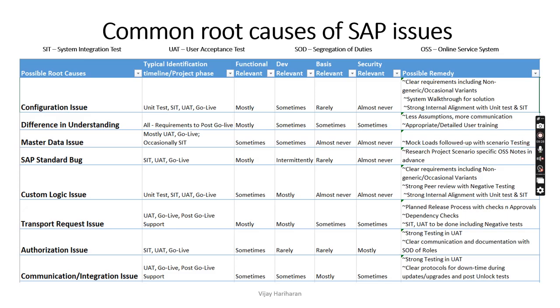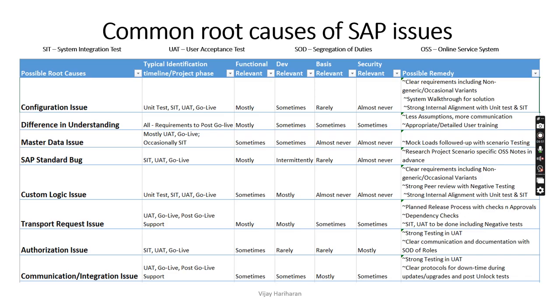Then you might have to go and check for those notes. Now mostly this is functional relevant, because this will typically hit a functional process. Sometimes it can be development relevant as well, where the table or the structures need some update and it is not currently available in the system.